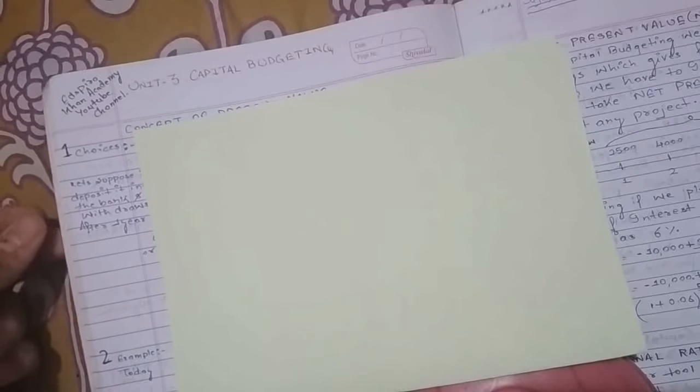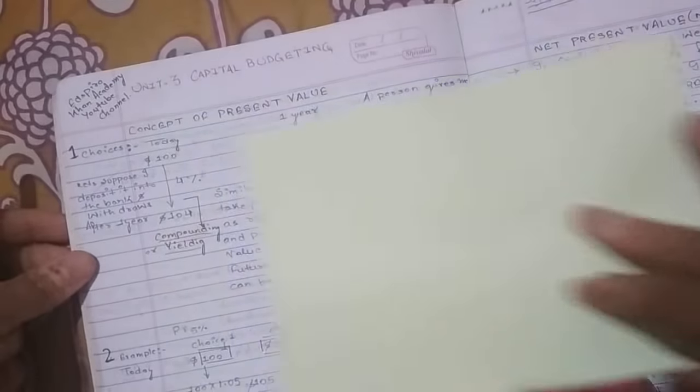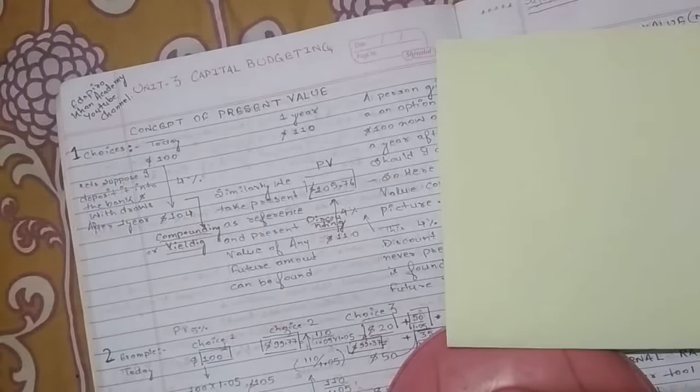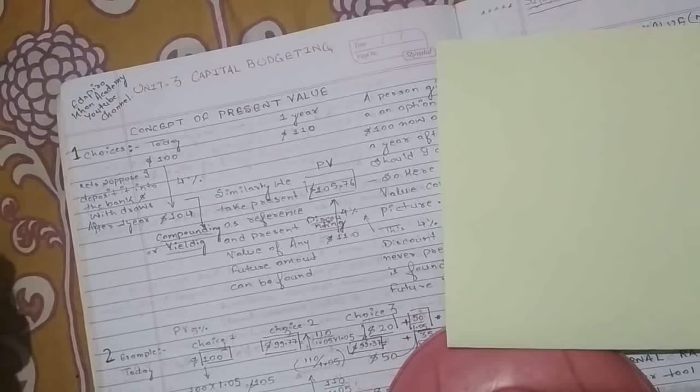So let's begin the third chapter, which is capital budgeting. In capital budgeting, first we will understand what is capital and what is budgeting. Capital is nothing but an investment to create some assets or decrease some liability.